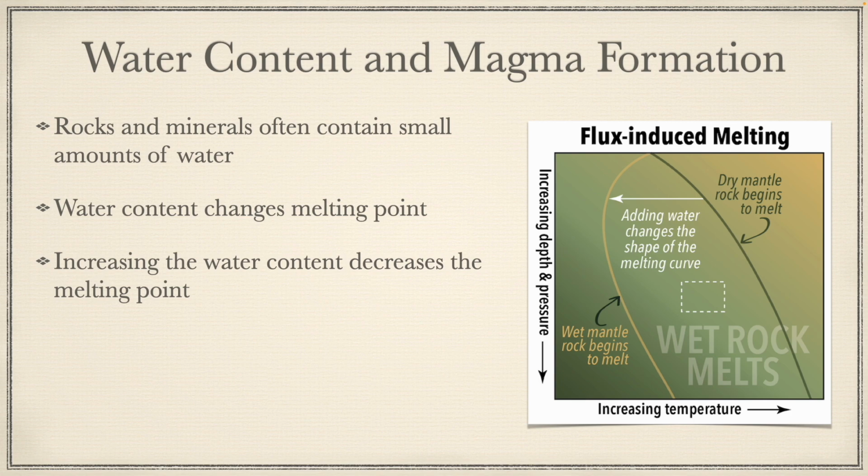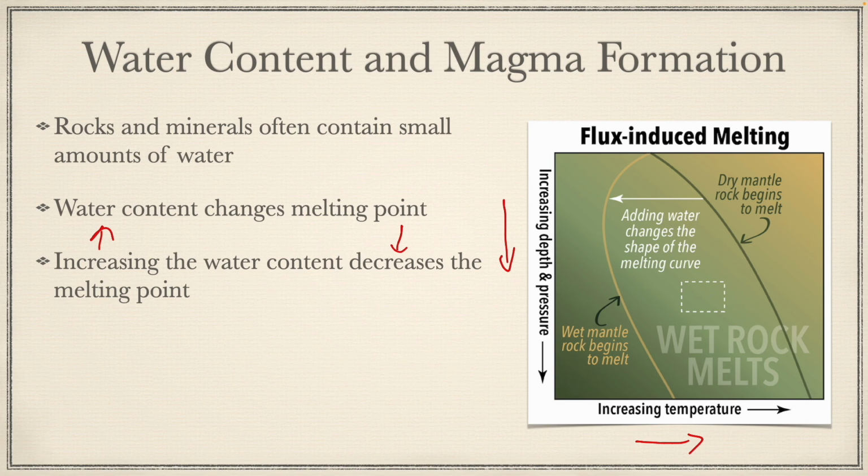Water content in magma formation. Rocks and minerals often contain small amounts of water. Water content changes the melting point. Basically, increasing the water content decreases the melting point. Here we have increasing temperature again, and increasing depth and pressure.